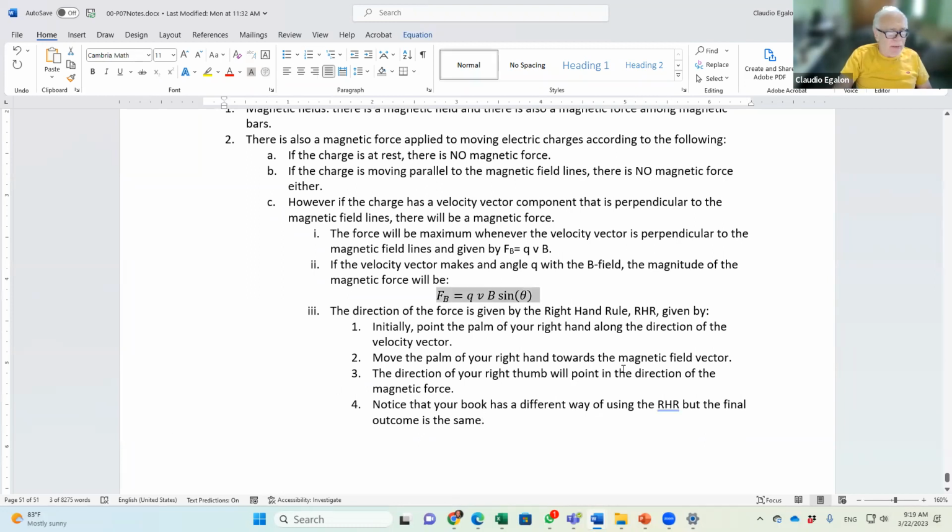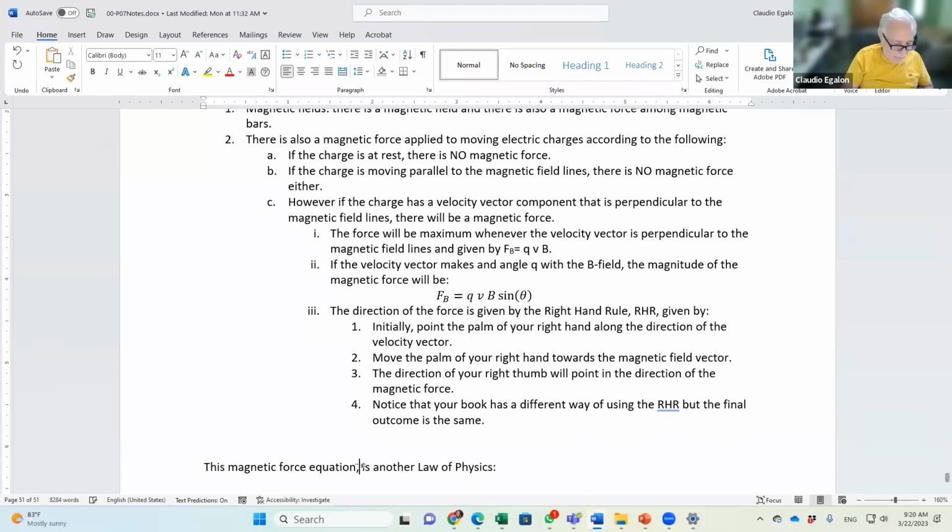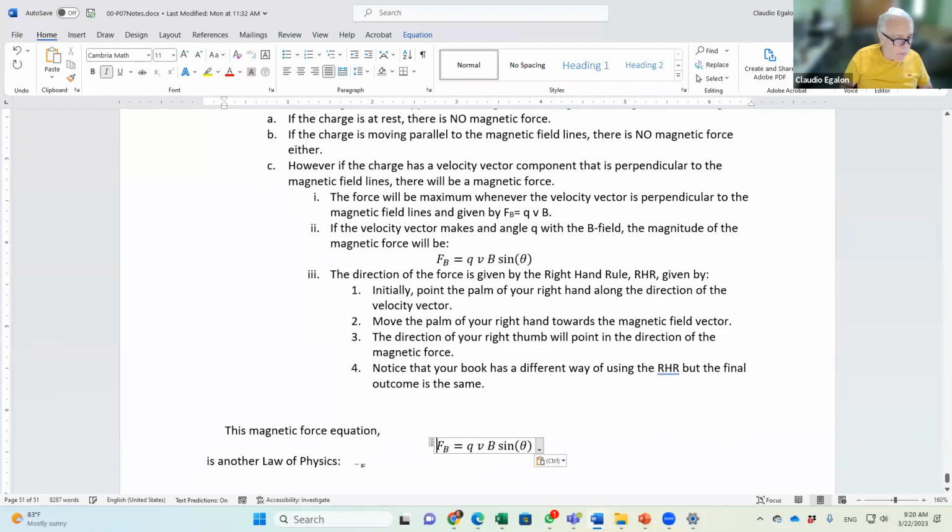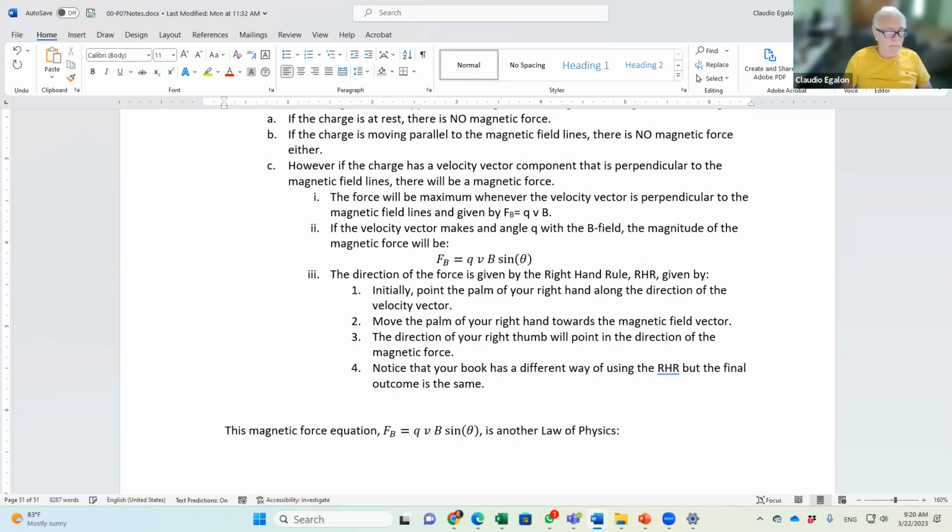And now let's play a little bit. This magnetic force equation is another law of physics.